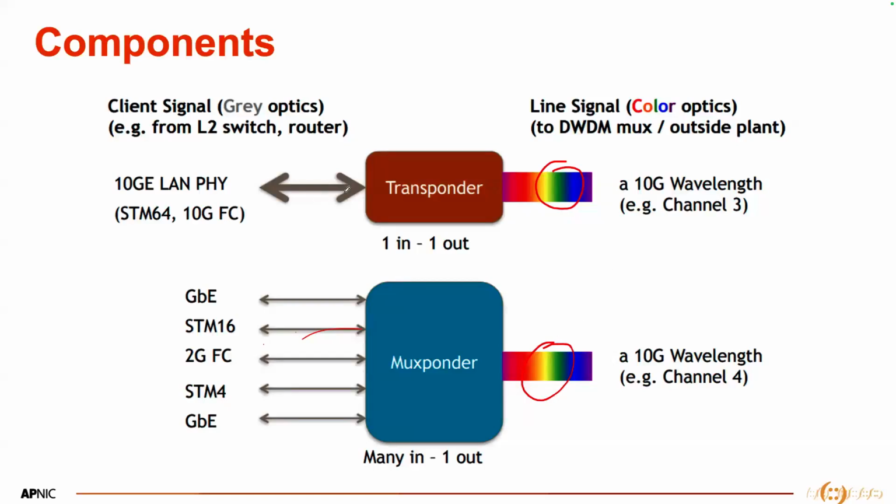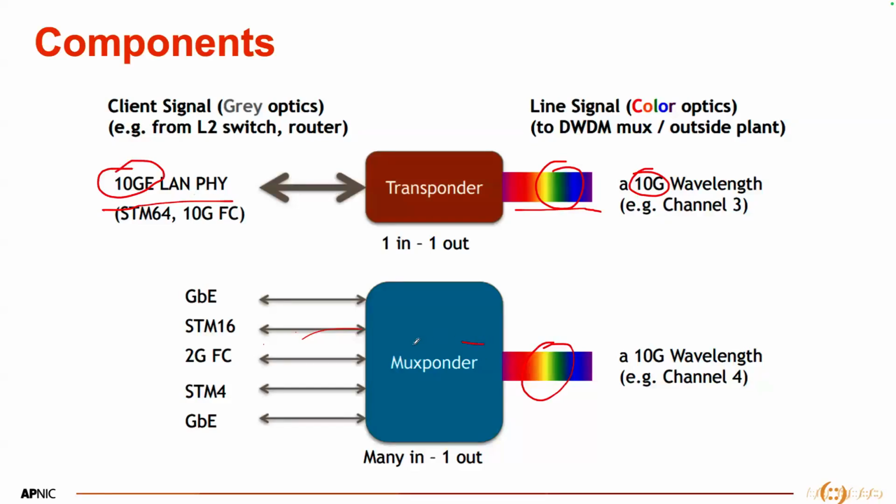But when we onboard client, the transponder carries the client, which is the capacity of the wavelength in total. So here in this transponder, you can see the wavelength has a capacity of 10 gig, right? So the client will also be connected from a 10 gig Ethernet port.